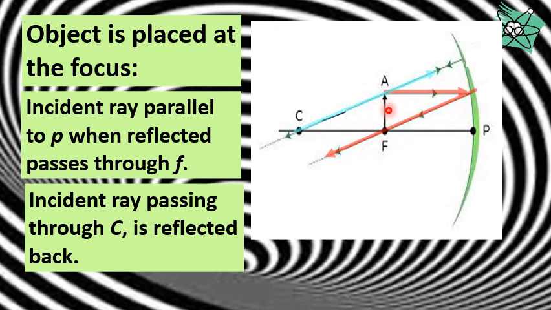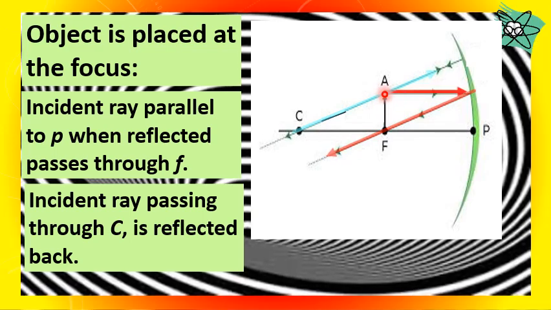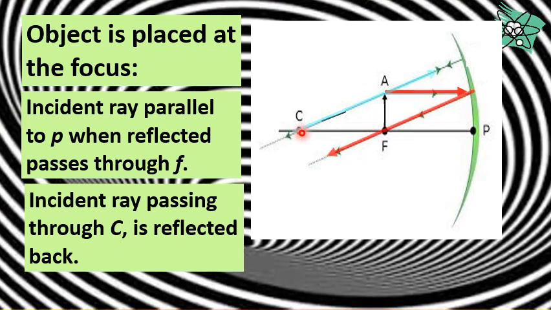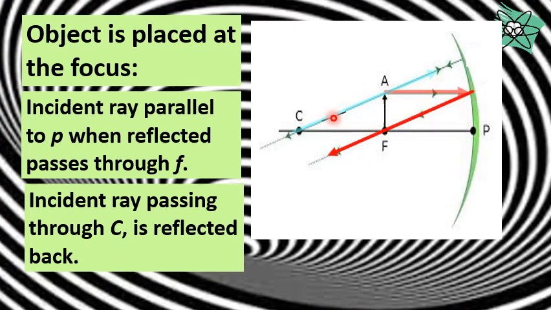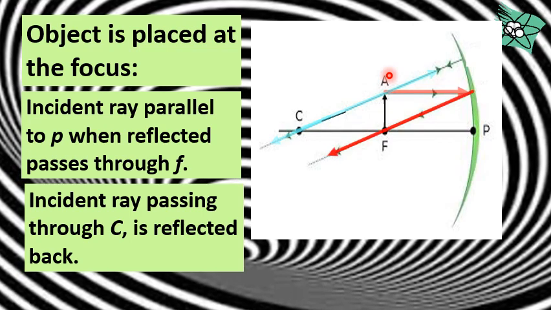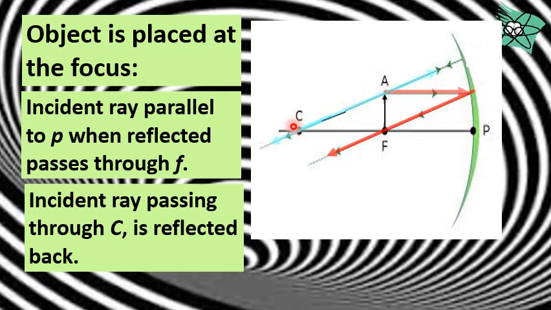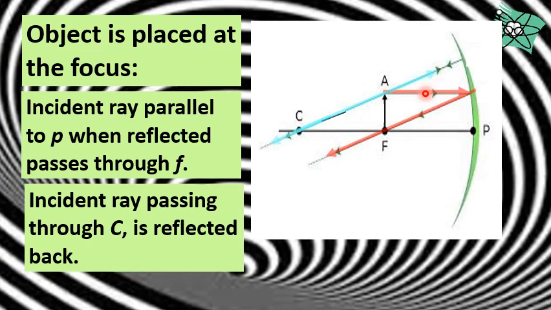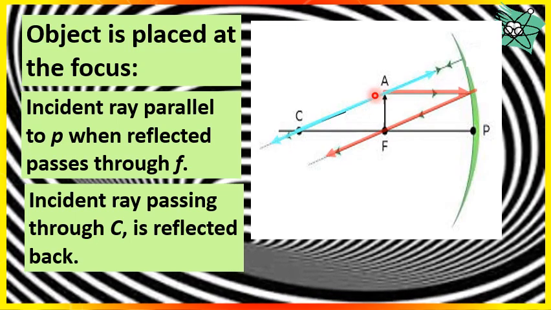And we need another incident ray, coming from the tip of this object, but passing through the center of the concave mirror, right? So we have that ray, the green ray, from the tip of the object, passing through the center.